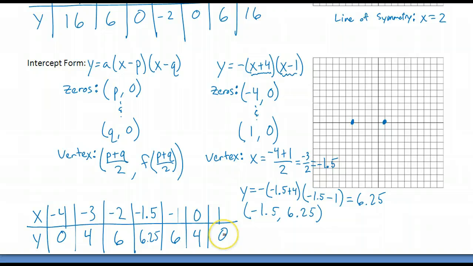Plot these points: negative 4, 0; negative 3, 4.